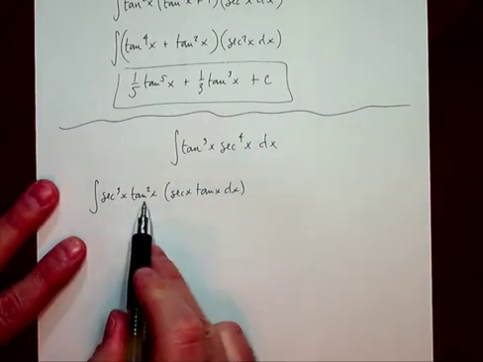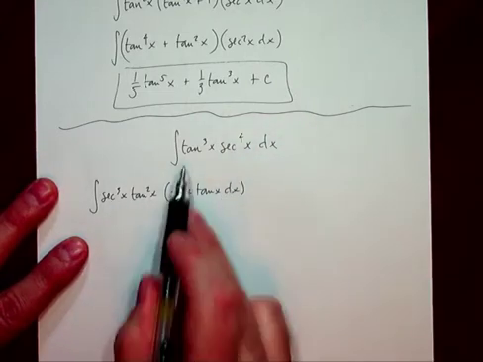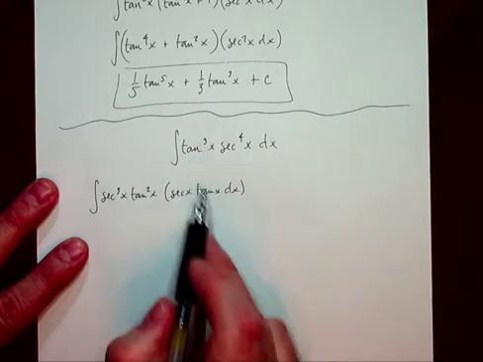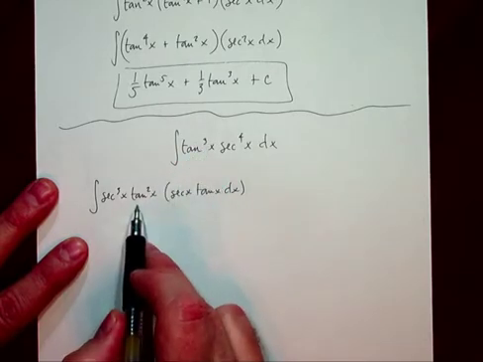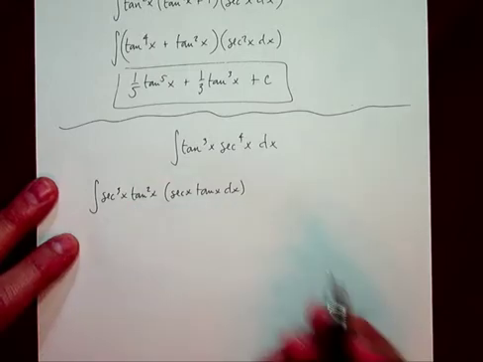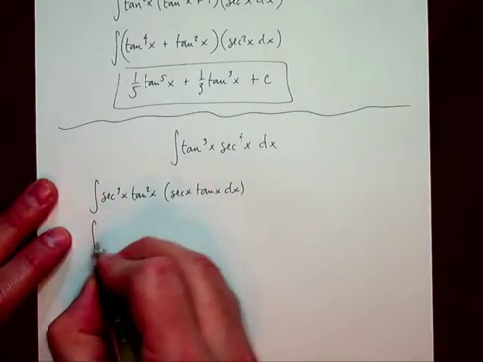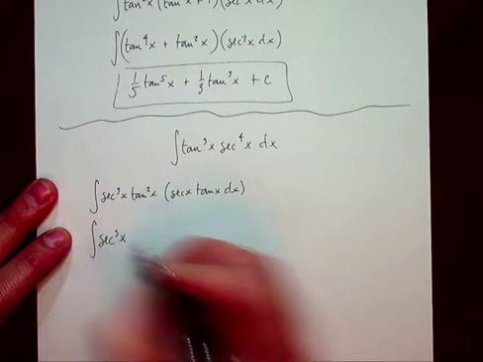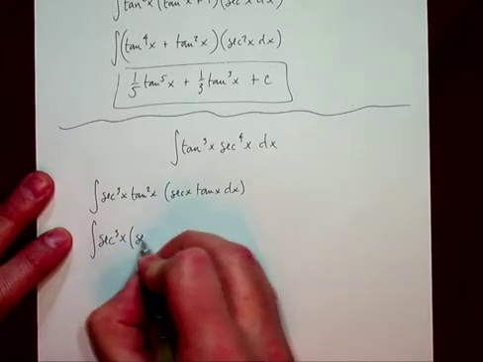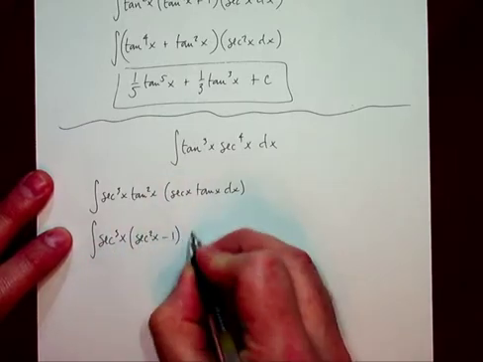Now you actually do have the possibility, because tangent was raised to the third, so when you pulled one of them out, it left you with a viable tangent squared that allows you to use your Pythagorean. And of course, the Pythagorean for tangent squared is secant squared x minus 1.